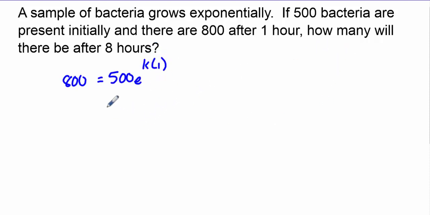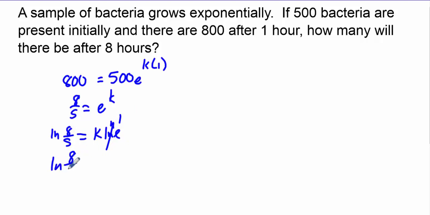Well, we need a k to be able to do that, so let's get that done first. It's 8/5 equals e to the k. Take the natural log of both sides: k ln e, again that's 1. So k is equal to the natural log of 8/5.